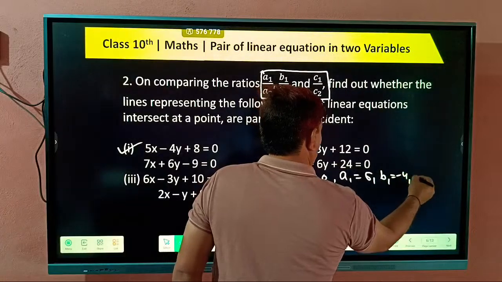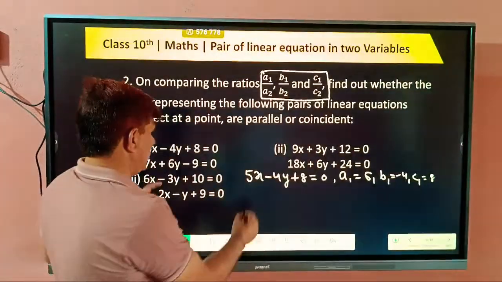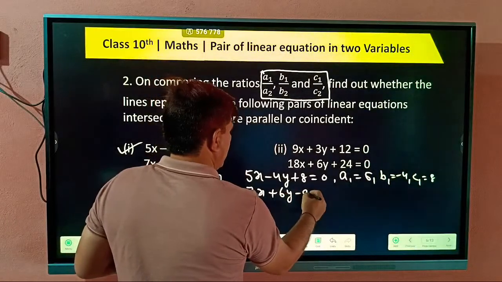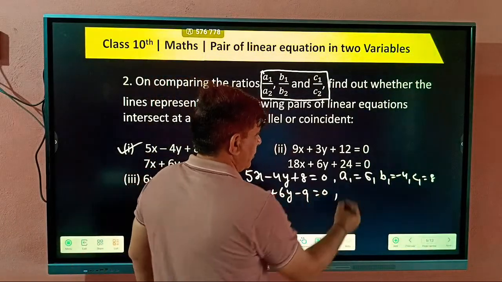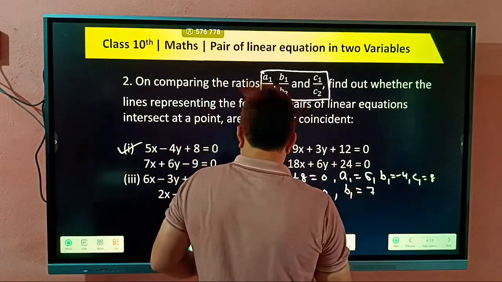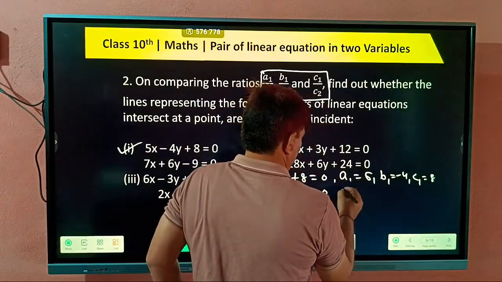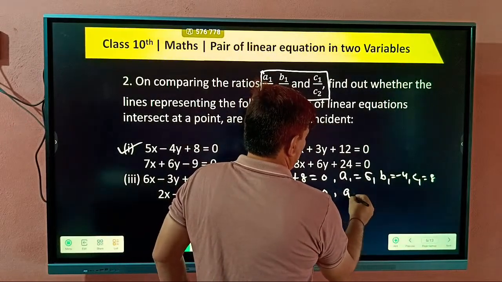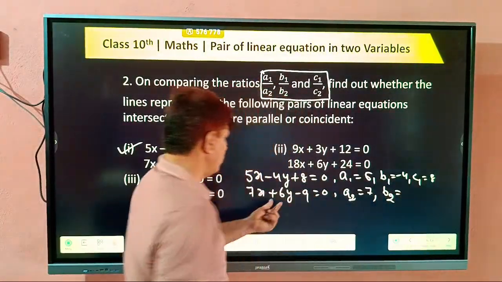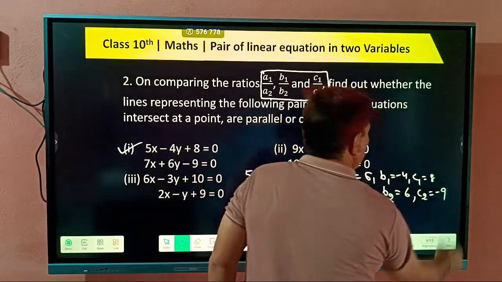B1 is minus 4, C1 is 8. Then 7x plus 6y minus 9 equal to 0. Sorry, this was written wrong. This is A2. A2 equal to 7. B2 equal to 6. And C2 equal to minus 9.